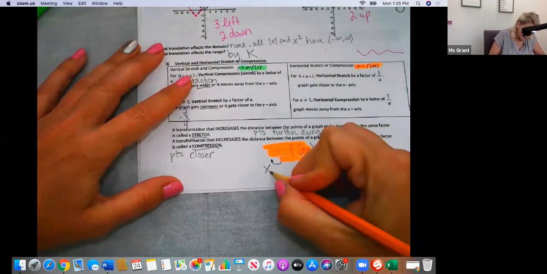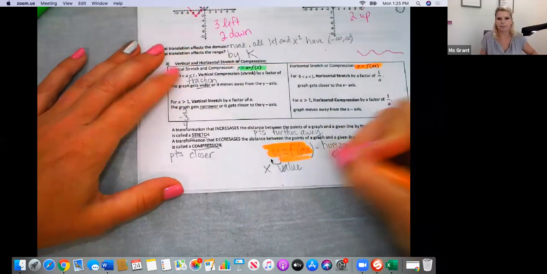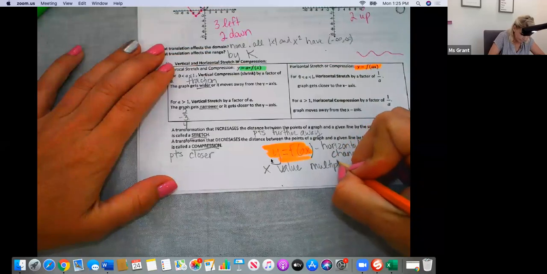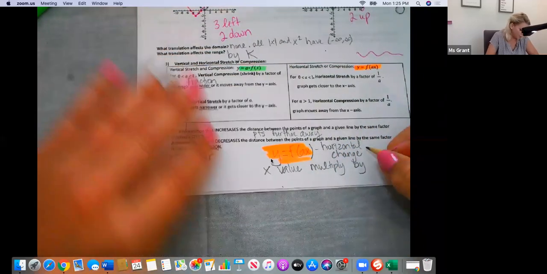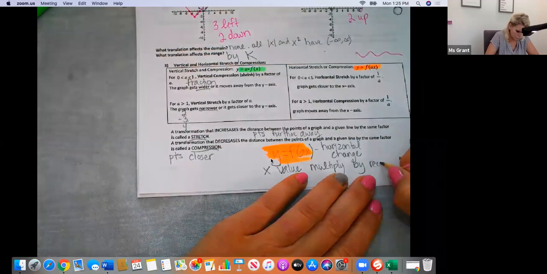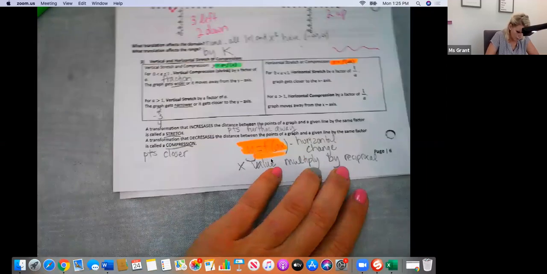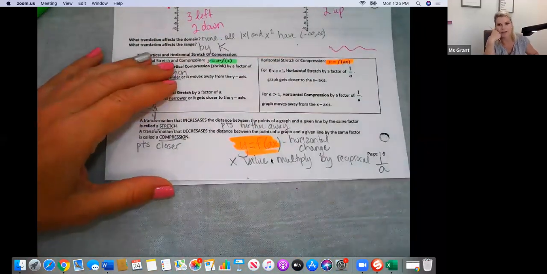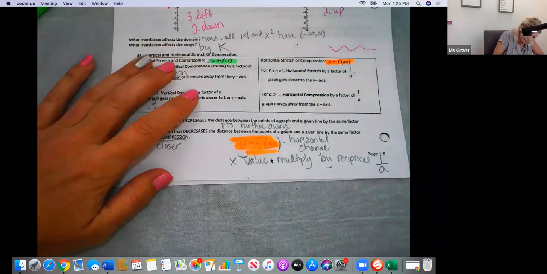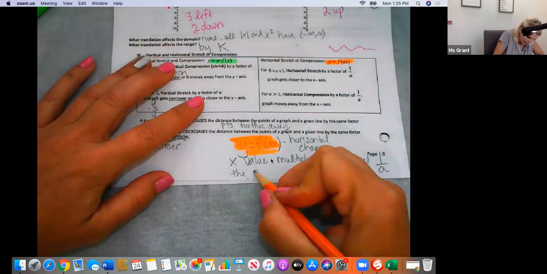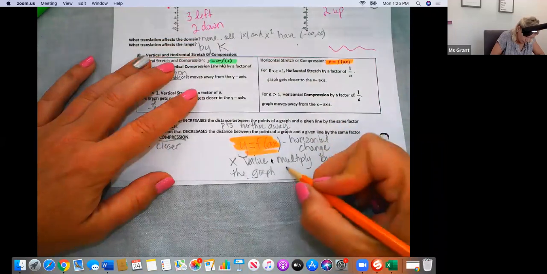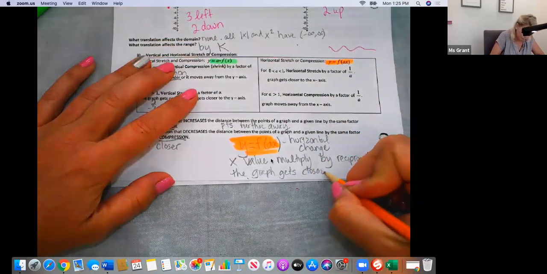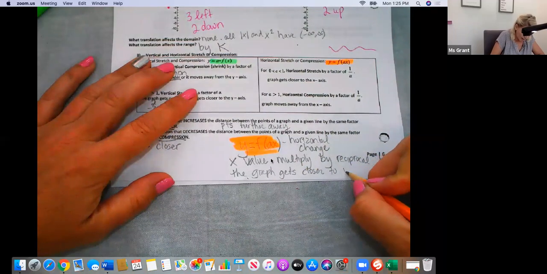And the X value in my ordered pairs gets multiplied by the reciprocal, 1 over A. So the X value gets multiplied by the reciprocal 1 over A. And the graph gets closer to the y-axis.